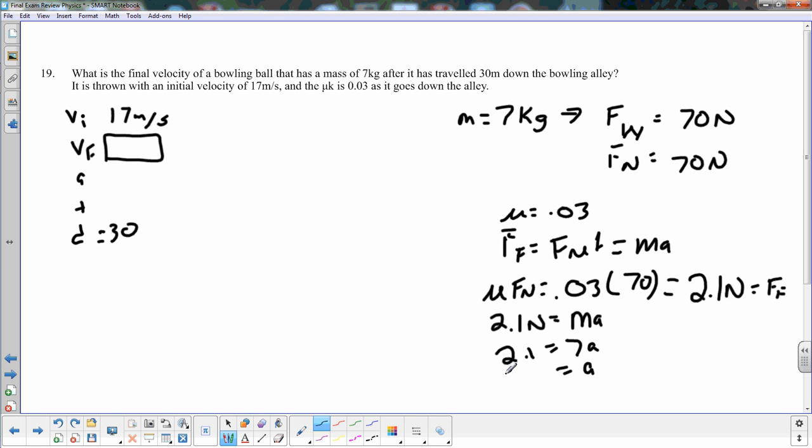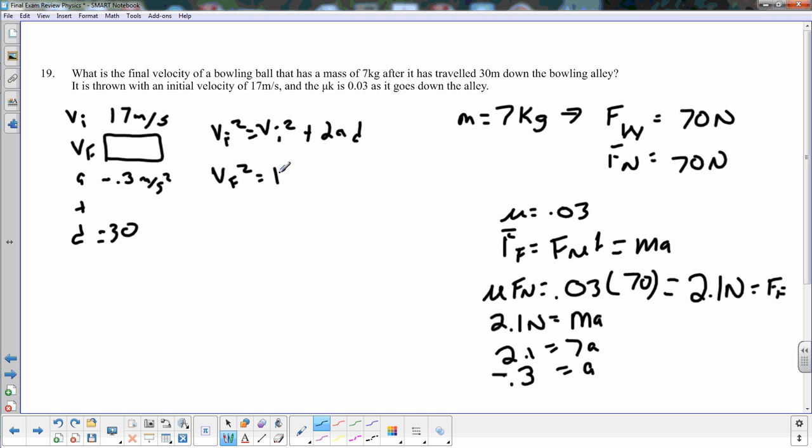We're looking for a final velocity, so Vf squared equals Vi squared plus 2ad. 17 squared plus 2 times negative 0.3 times 30. 17 squared, 289, plus negative 0.6 times 30.